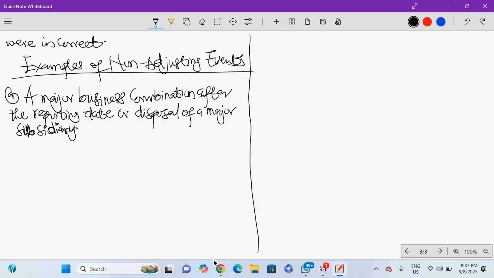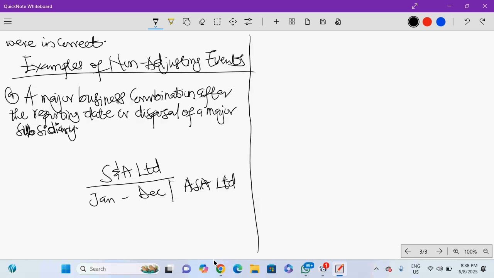So just after the financial reporting date, you acquired another business. Let's say S&A Limited. We were having our financial statement from January to December. Just after 31st December, we acquired a subsidiary known as ASA Limited.